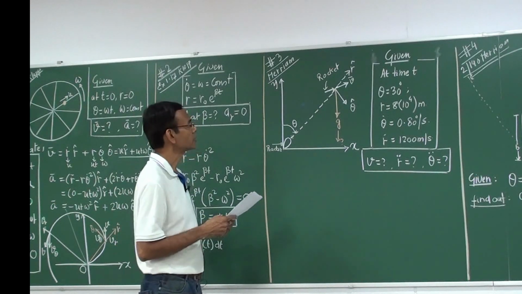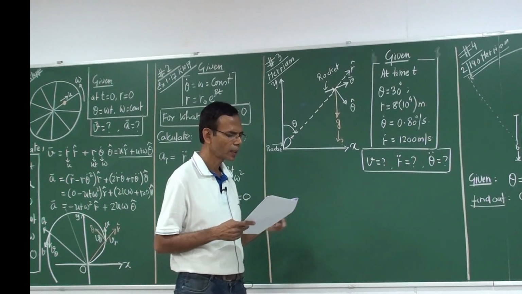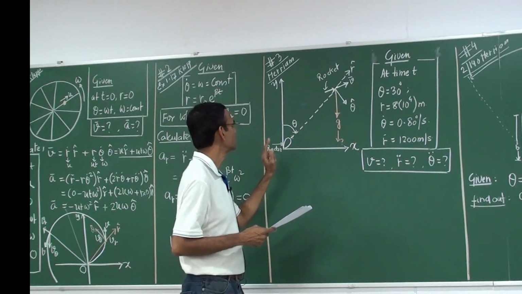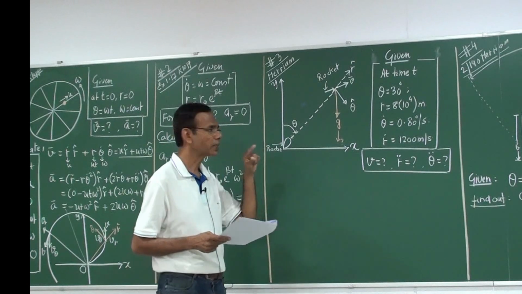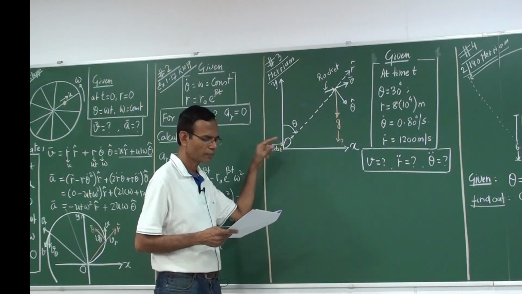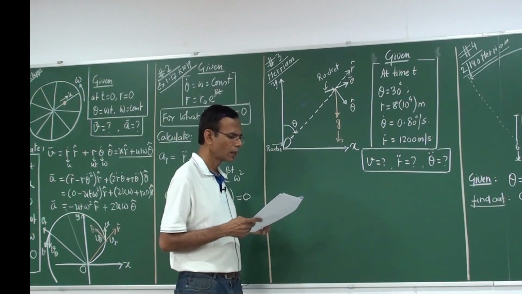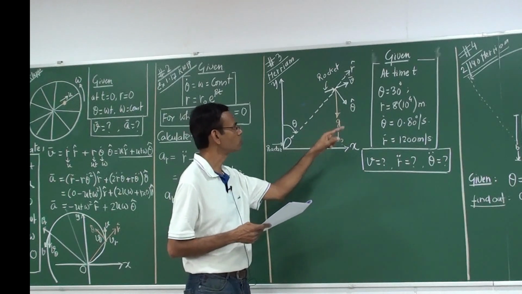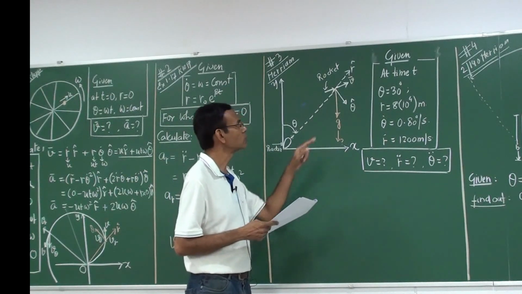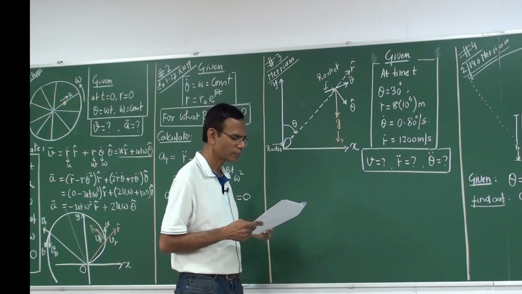For that instant, at the time t, theta is equal to 30 degrees. This is theta. Now mind it, theta here is measured from the y-axis. Theta dot is given to us, r is given to us, and r dot is given to us. All these quantities are given.